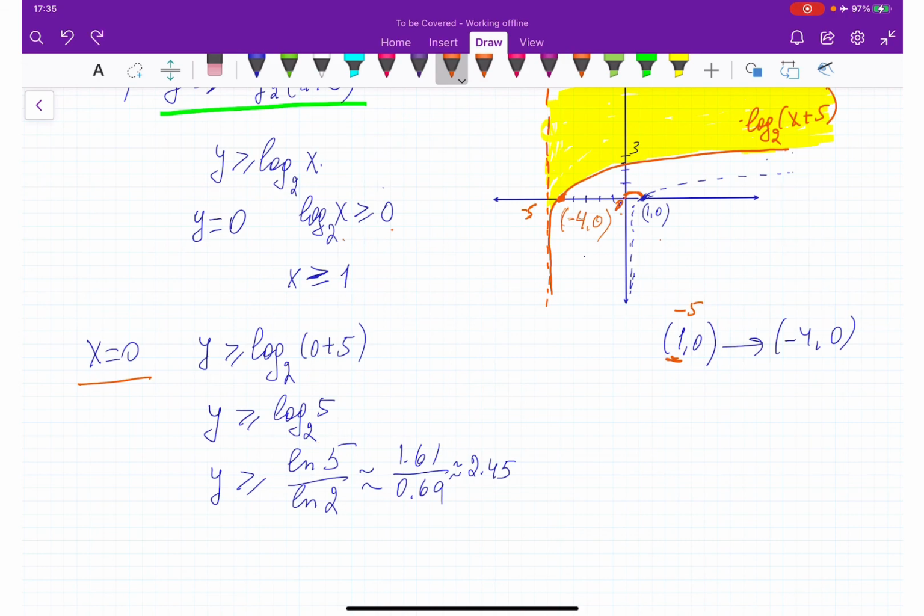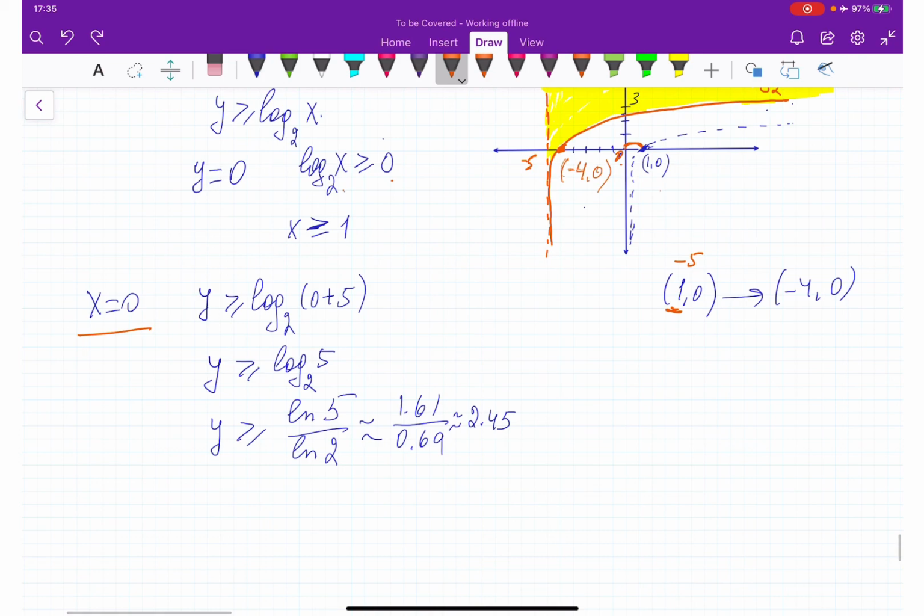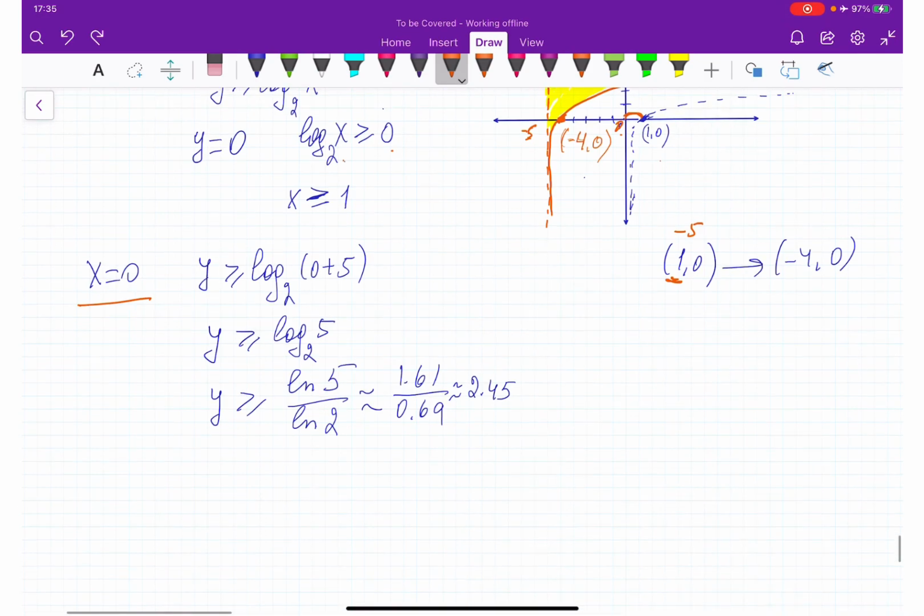If somebody's calculator will tell you how much log of 5 by base 2 is, then that's fine. My calculator has only natural logarithm and logarithm by base 10. Therefore, I'm going to change logarithm by base 2 into logarithm by base e, which is natural logarithm.